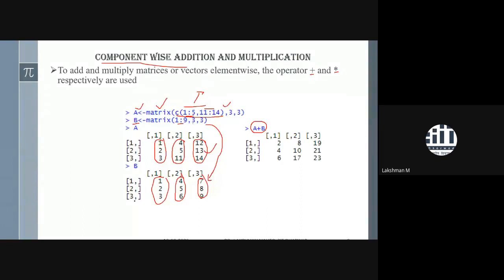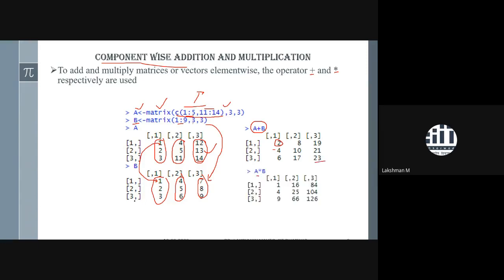So this entry will be added with the first entry of matrix B, and you get 2. So addition happens entry wise or component wise, and 2 plus 2 is 4. Likewise, if you take the last element, 14 plus 9, you will get 23.